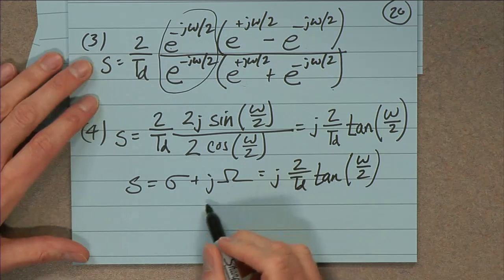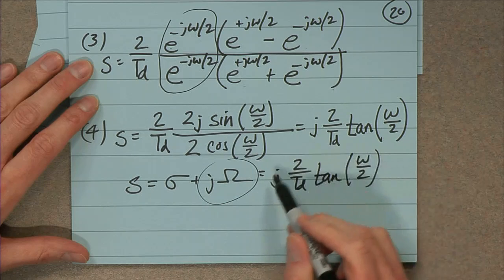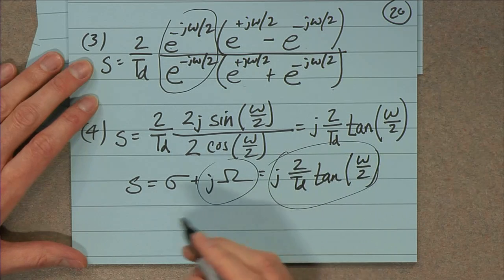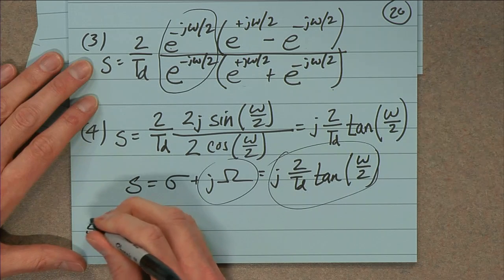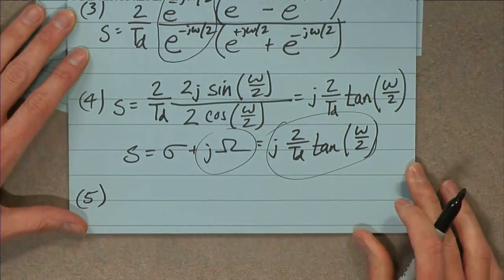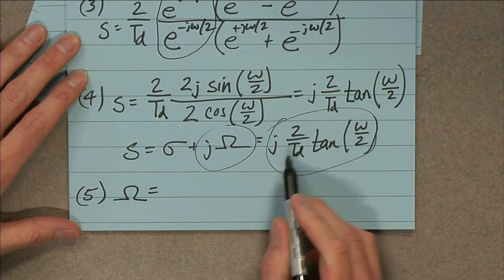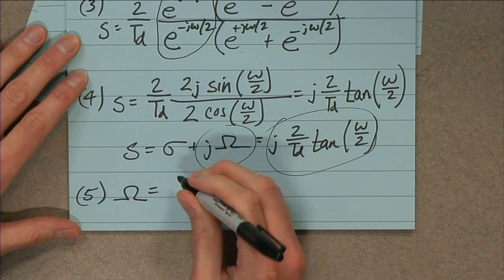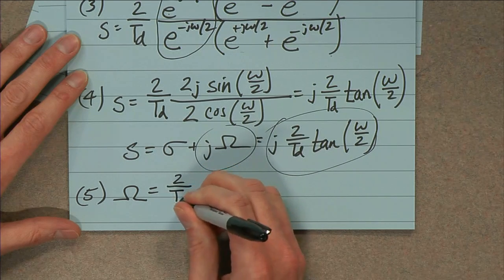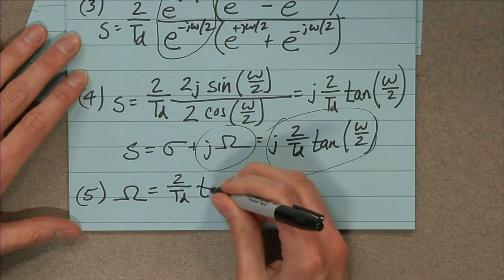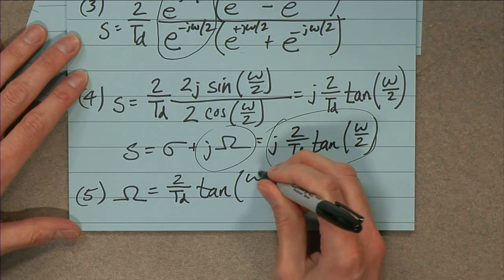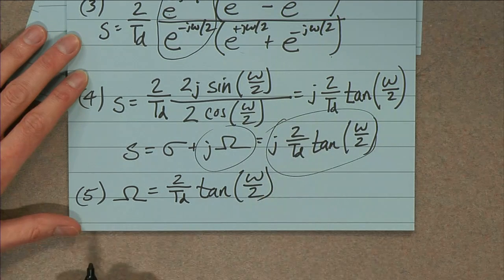If we do that, this has no real part, it's all imaginary. So we can finally say capital omega, take off that j, take off that j, is 2 over td tangent omega over 2.